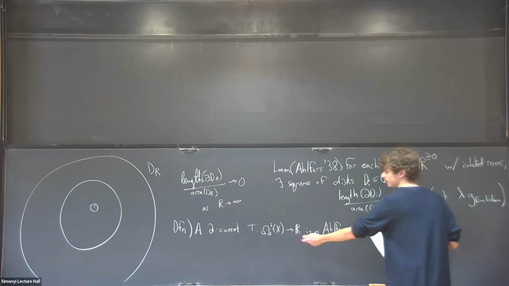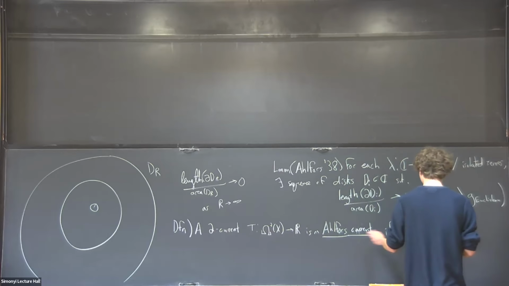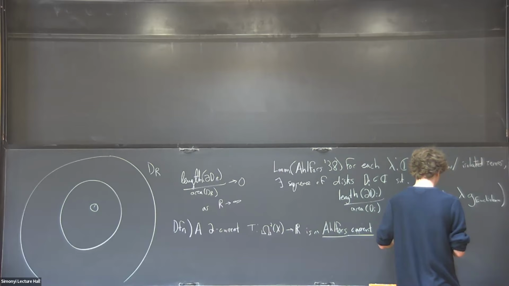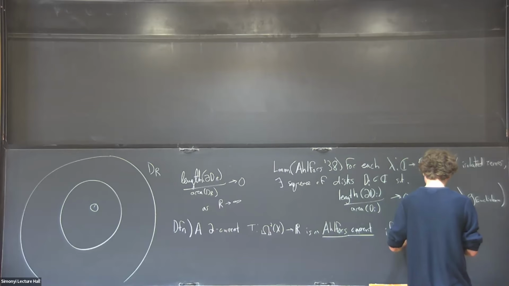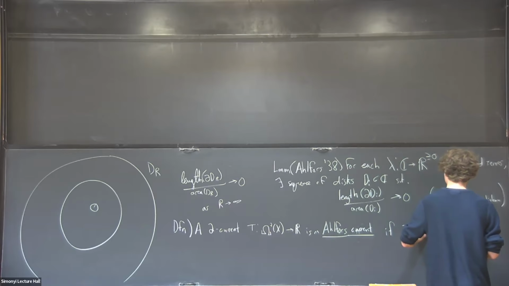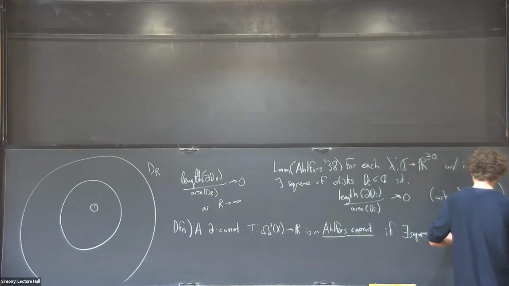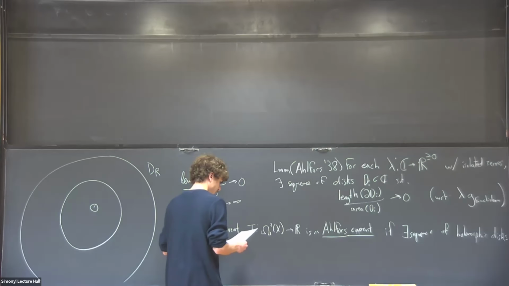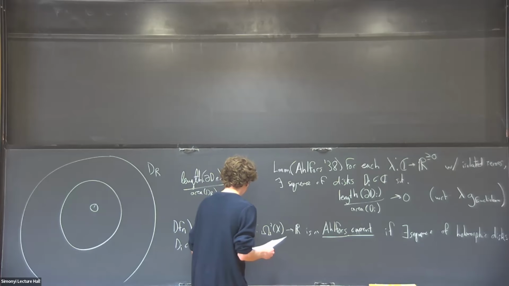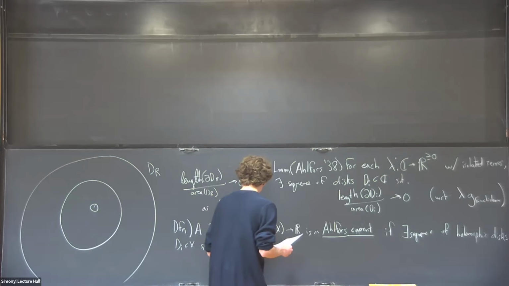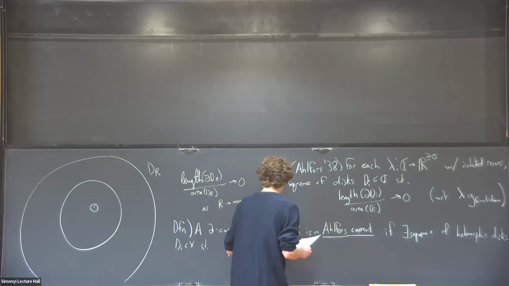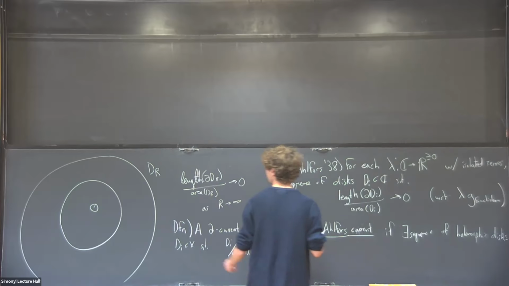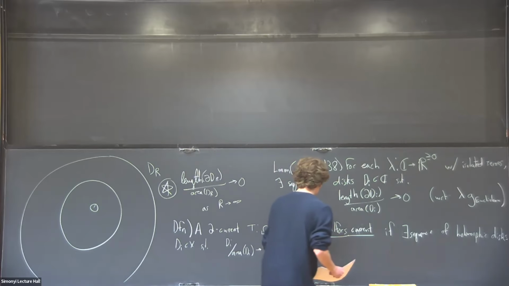You call a current, which is a linear map on two-forms, an Ahlfors current if there exists a sequence of holomorphic disks such that, when normalized, they tend to T, and they satisfy star.